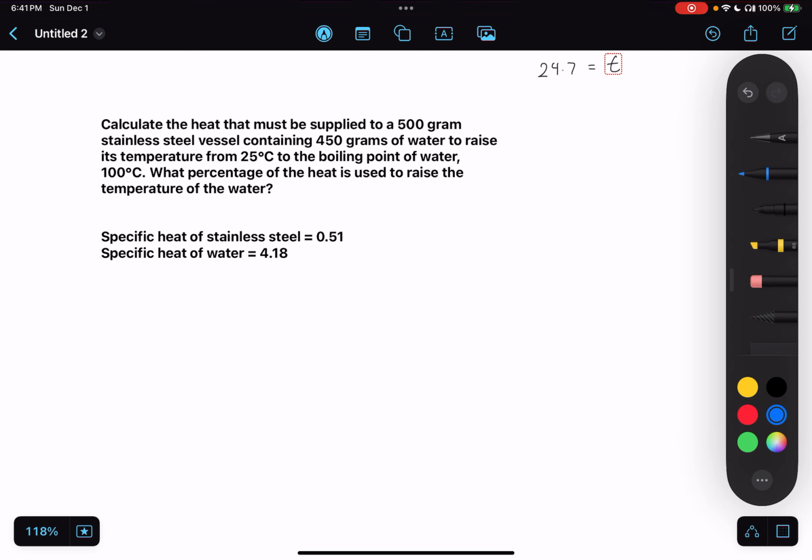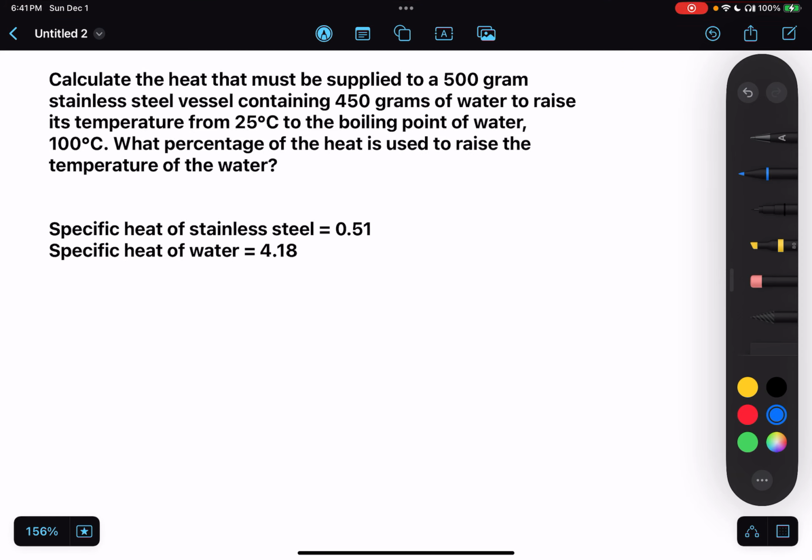So we're doing it double, and then we're going to add that together. So we can start with steel, because we get that one right away. So 500 grams of steel. Q equals mc delta T.